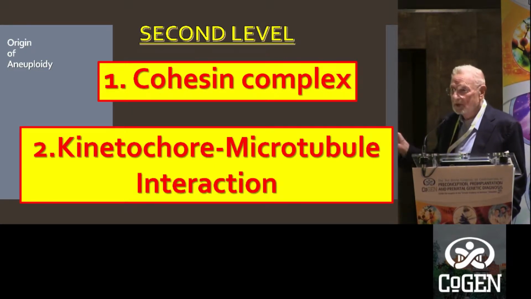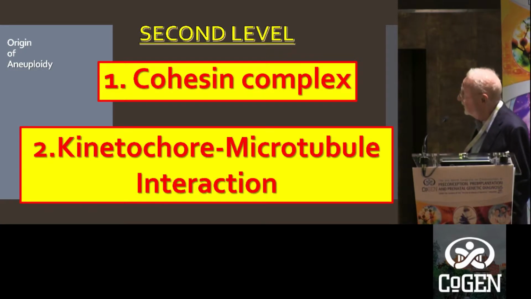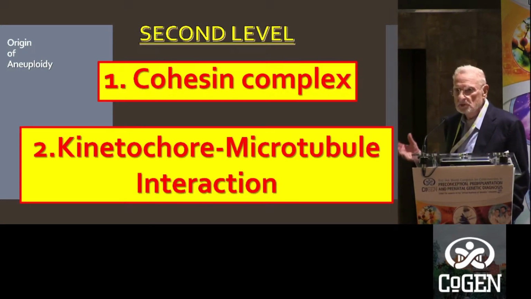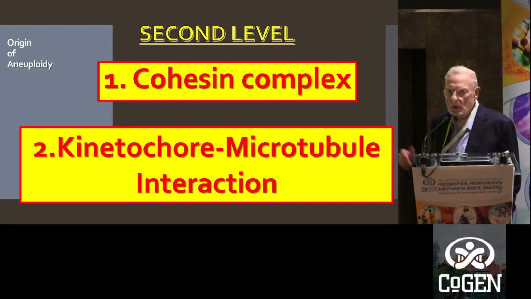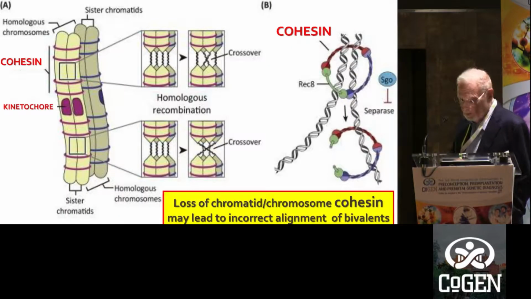These are extremely complex constellations of chemical reactions. And despite the fact that for 50, 60 years we have had knowledge of these two entities, there is still, as one reads the literature, a great deal of difference as regards the relative importance of these two systems contributing to aneuploidy. And I'll try to illustrate that to you.